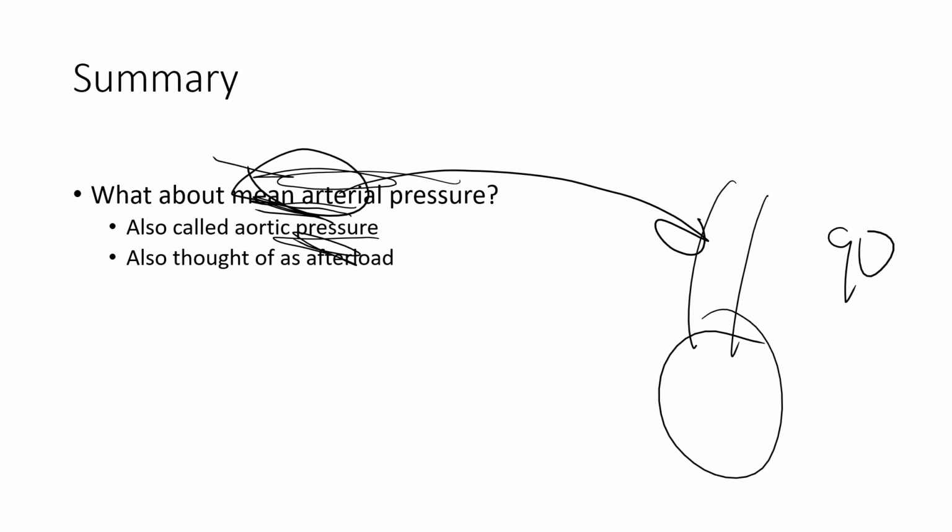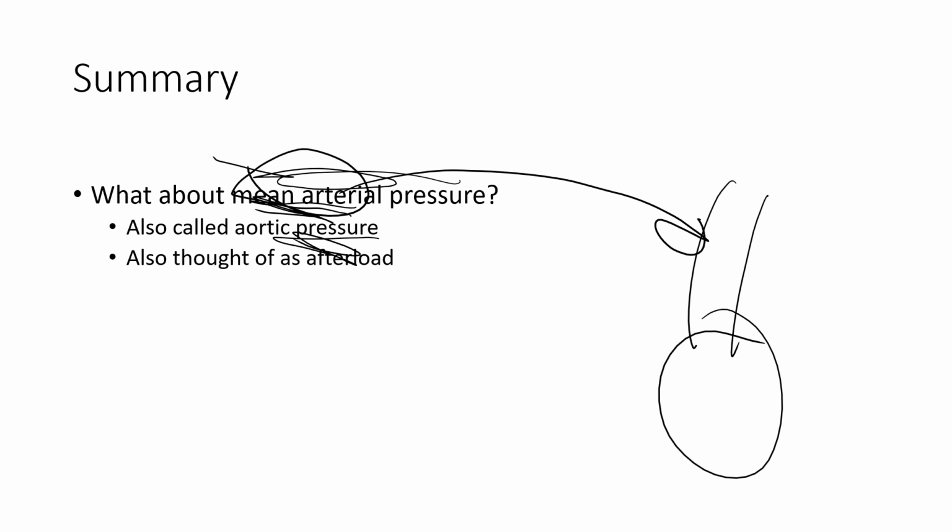It's 90 millimeters of mercury. You can extrapolate and say, okay, aortic pressure is then approximately 90 millimeters of mercury. It's actually going to be higher than that, but ultimately, that doesn't make a difference. Because if you know mean arterial pressure, you can approximate and say the pressure within the aorta is approximately the same.